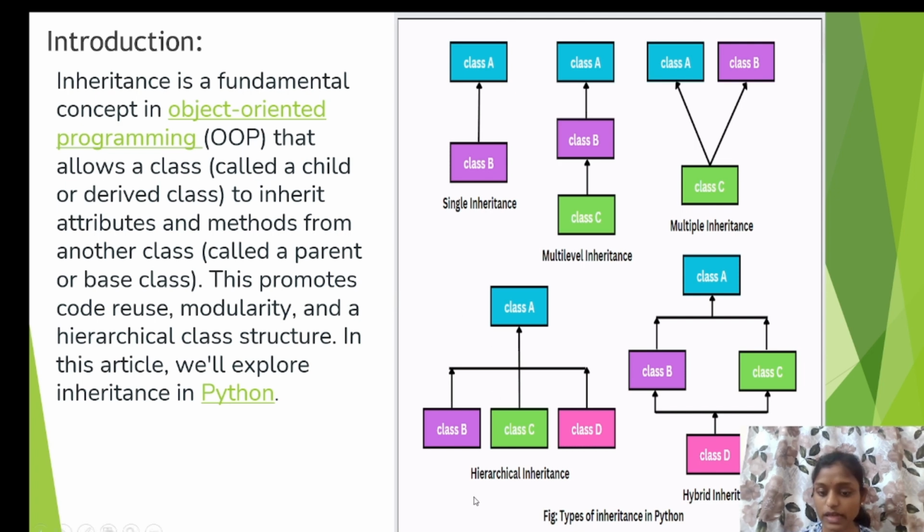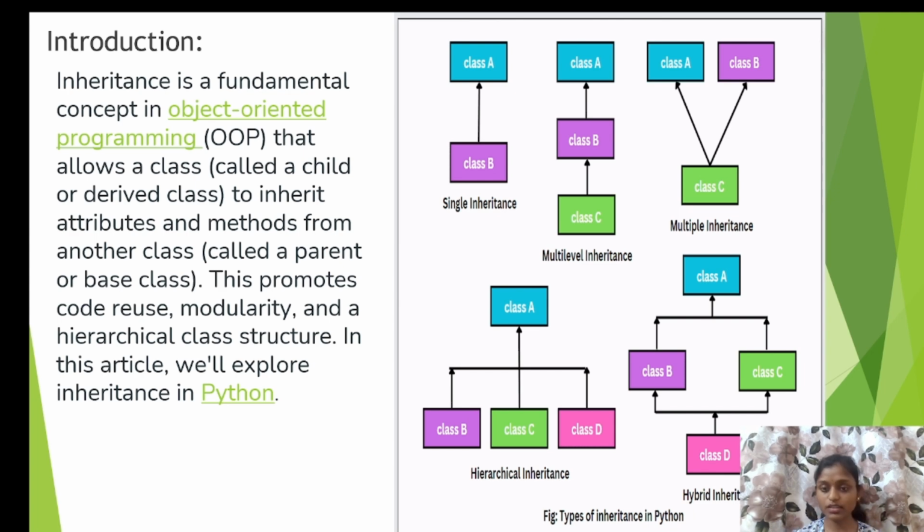And when it comes to hierarchical inheritance, here we observe many child classes but only one parent class. So multiple child classes we will observe here. When it comes to hybrid inheritance, here we find multiple classes.